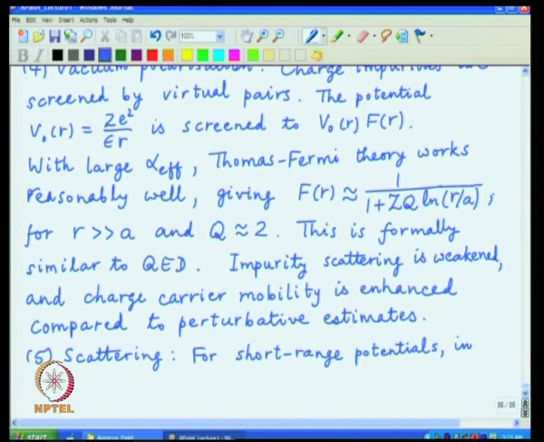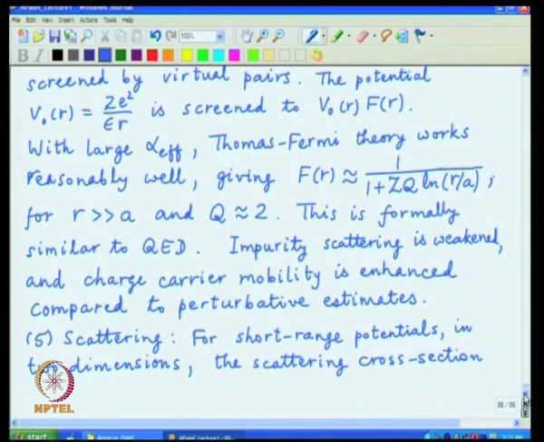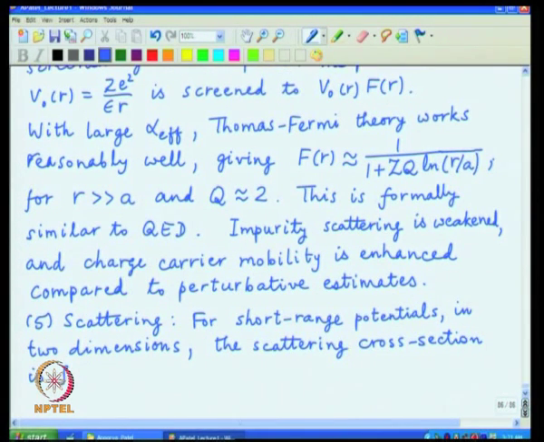that in 2 dimensions, which is what graphene corresponds to, the scattering cross section is finite for the Dirac equation.